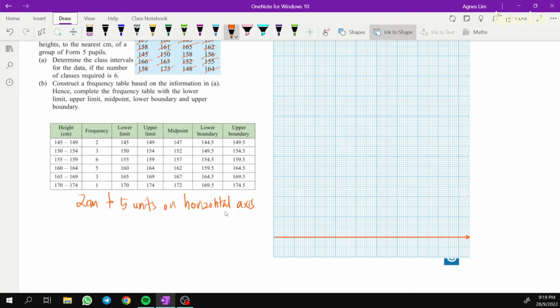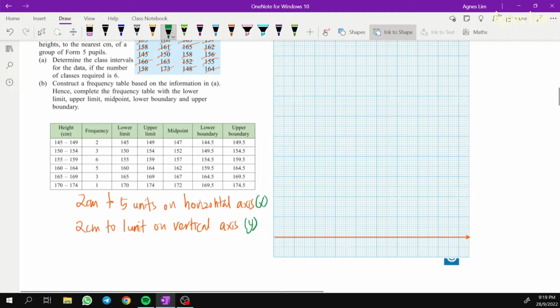So this one means x-axis. And then 2 centimeter to 1 unit on the vertical axis. You may find this wording in your scale. This one means the x, this one means the y.